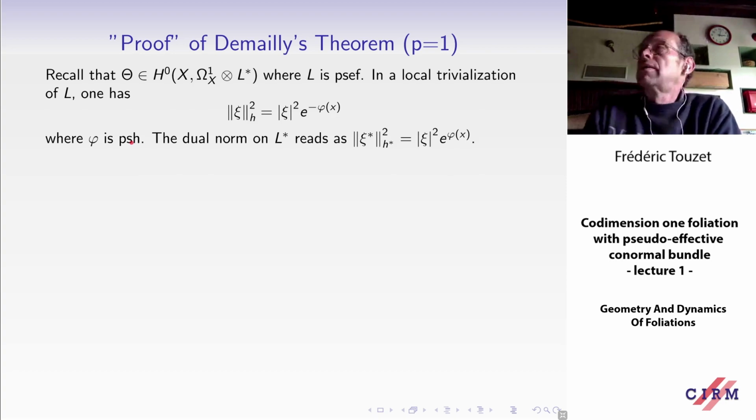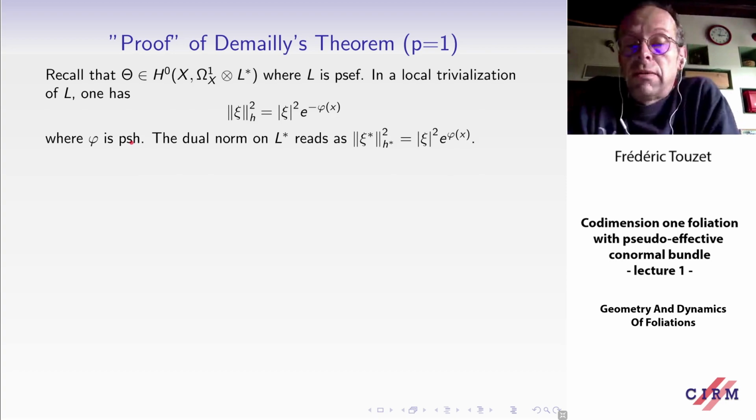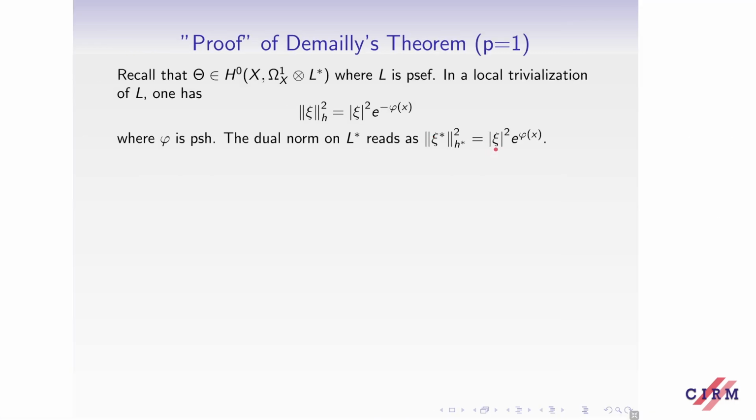And so we are particularly interested in the dual norm, on L star, which reads as follows. Here you consider a local section xi star, and here it's a xi star. I apologize for this, I had forgotten the star.